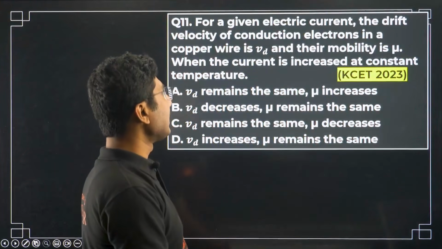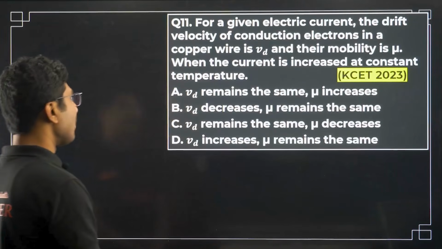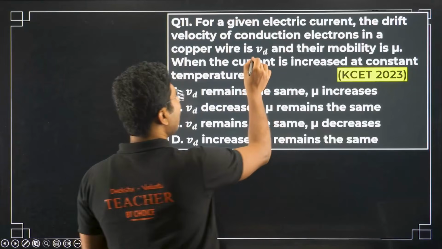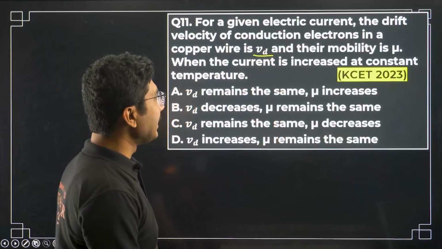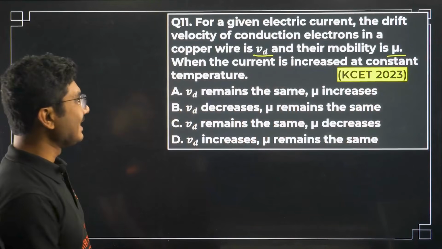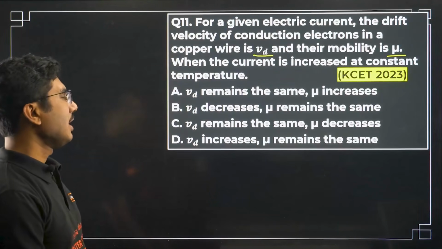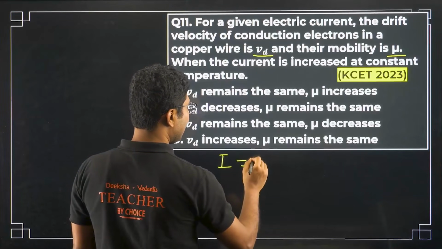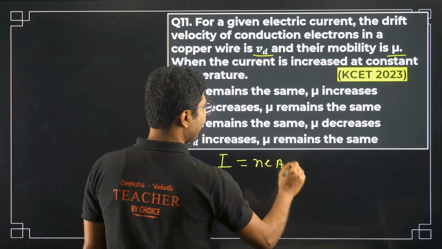For a given electric current, the drift velocity of a conduction electron in a copper wire is Vd and their mobility is mu. When the current is increased at a constant temperature, current is neAVd.